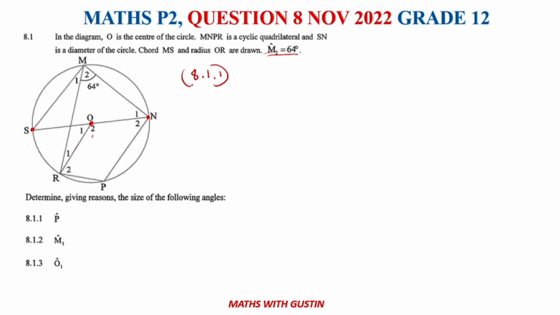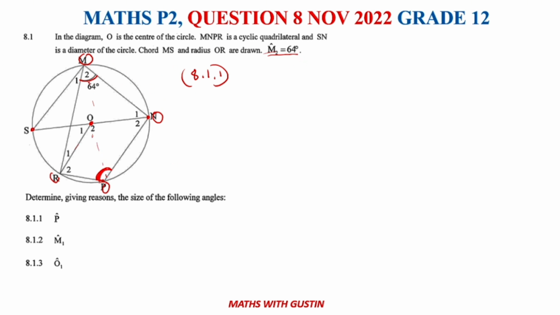8.1.1 says: determine, giving reasons, the size of the following angles. They were looking for P. So P is right here. Because P is sitting at this corner, and they told us that MNPR is a cyclic quad, these two angles are opposite to each other in this cyclic quad.